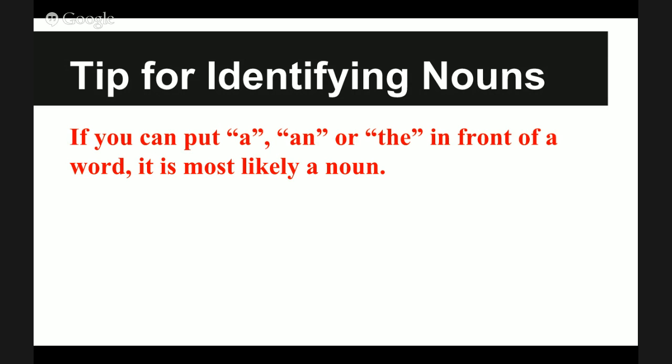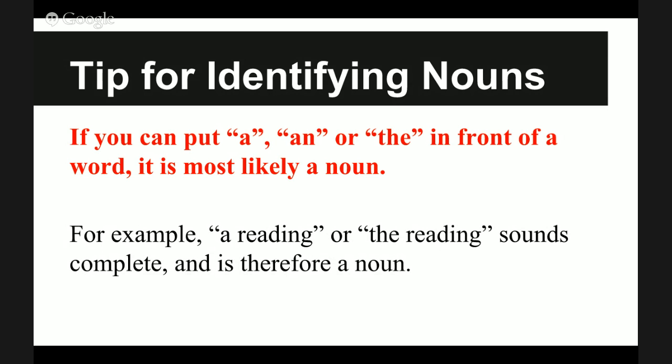So for example, a reading or the reading sounds complete, therefore it is a noun. If I were to say, please complete the reading for tomorrow's class, the reading is a noun. It is an activity. It is a thing. Therefore it is a gerund.